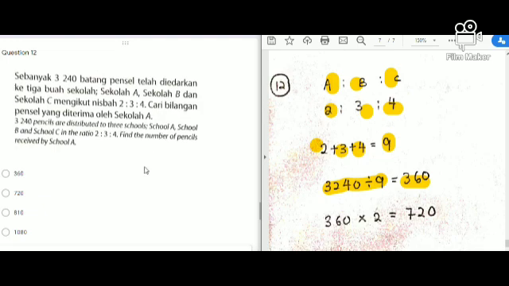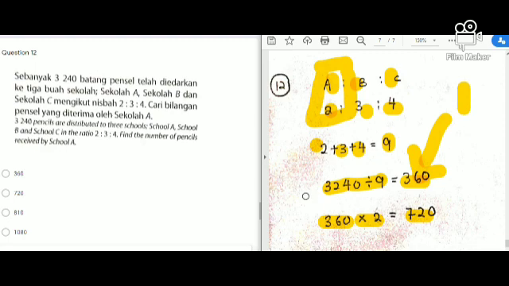So the question said find the number of pencils received by school A. Since for school A, it mentioned that the ratio is 2, so that is why you need to do 360 times 2, that is 720. This 360 is for ratio 1.